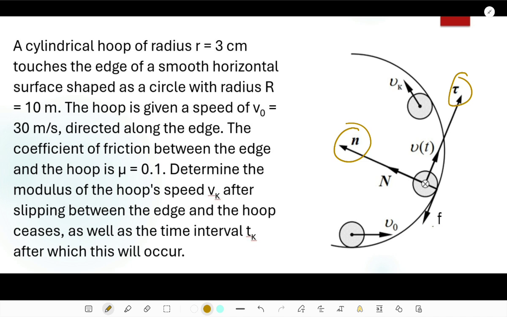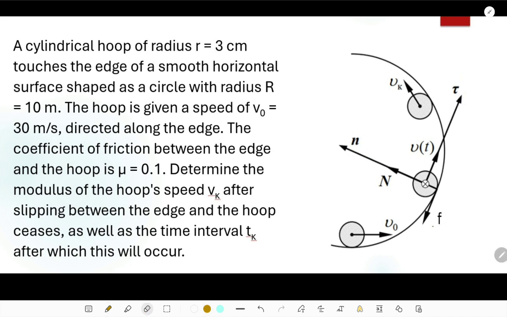One is normal and another is tangential, and we are going to write the equation of motion of the center of mass of this hoop in projections onto the normal and tangential axes. That is why it is mentioned in this figure. And you can see the free body diagram of this hoop here.